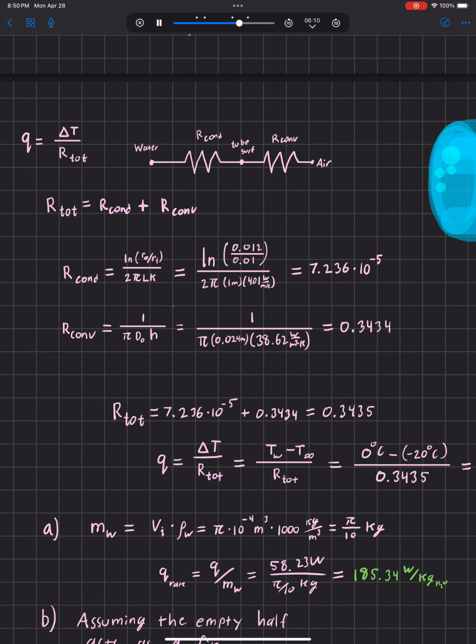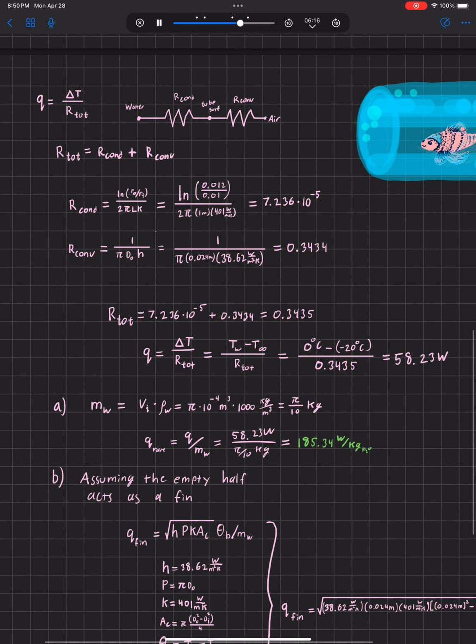This gets you 7.236 times 10 to the negative 5th. And then for convection, you have 1 over pi D outer times H, which equals 1 over pi times 0.024 times 38.62, which gets you 0.3434.